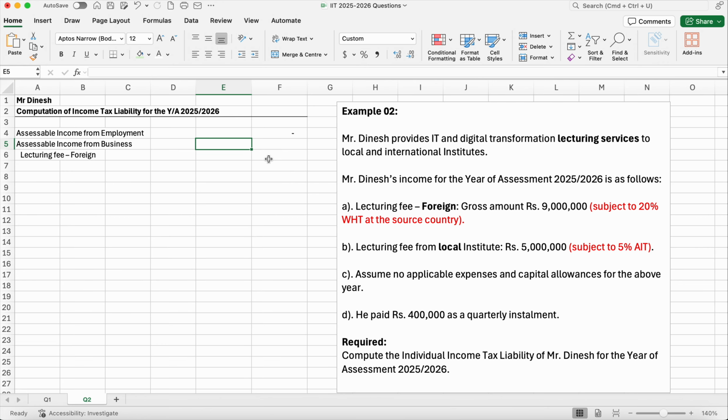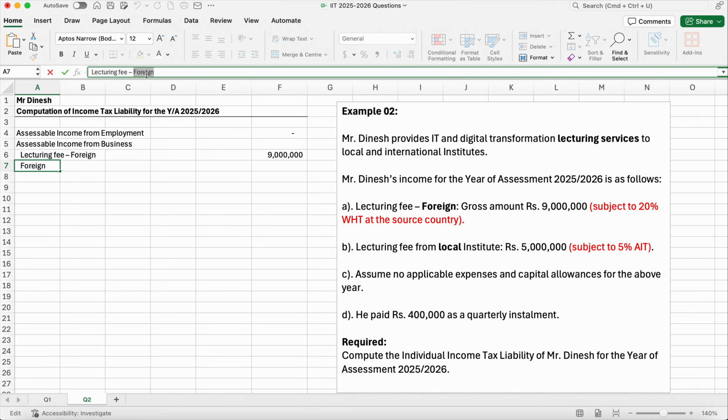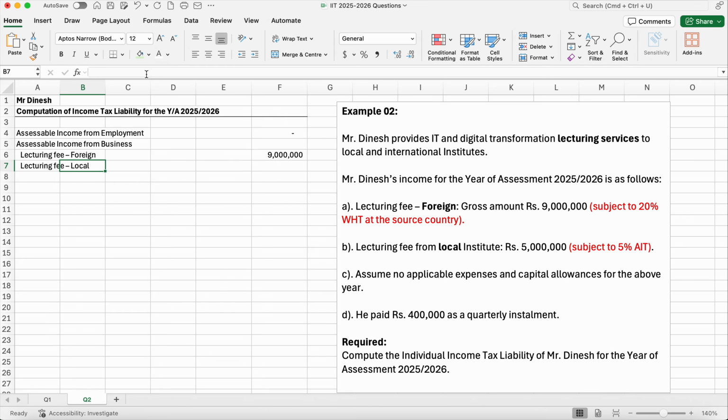When it comes to business, we have foreign income of 9 million, then the local income, that is 5 million. So these two.